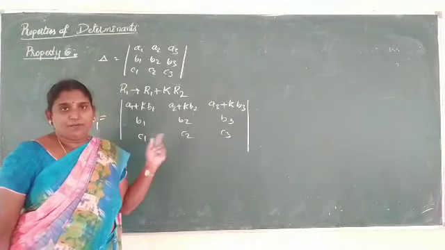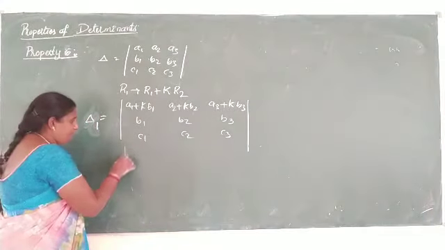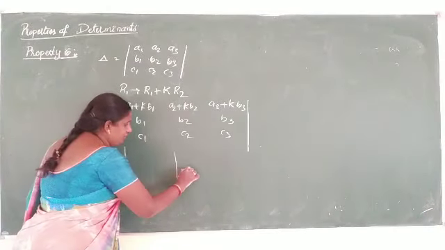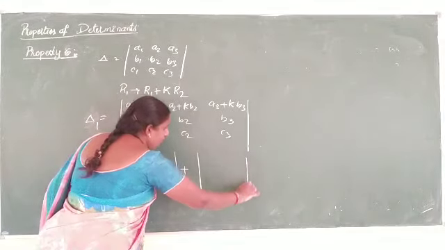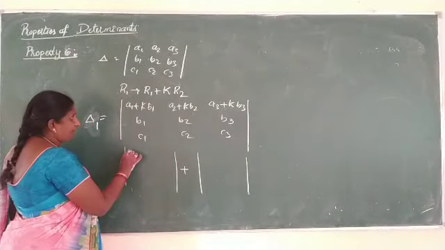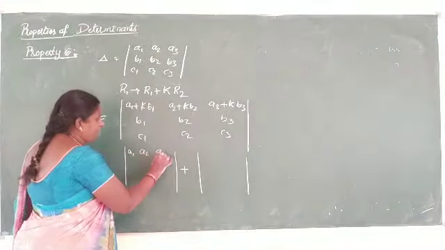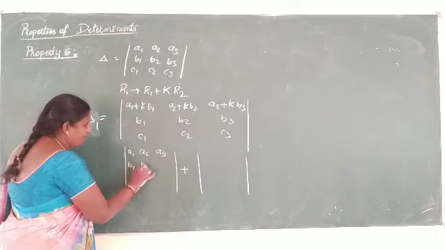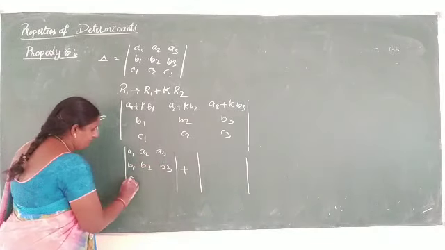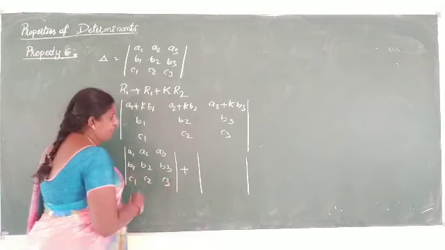Now we can apply property 5 here. By using property 5, we can split this total determinant as sum of two determinants. What are those? The first one we can write A1, A2, A3, B1, B2, B3, C1, C2, C3 in the first determinant.